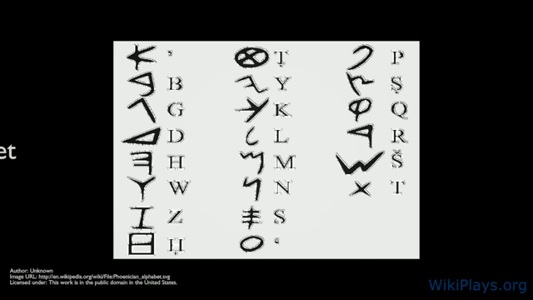It has been classified as an abjad because it records only consonantal sounds, with the addition of matres lectionis for some vowels. Phoenician became one of the most widely used writing systems, spread by Phoenician merchants across the Mediterranean world, where it was assimilated by many other cultures and evolved.